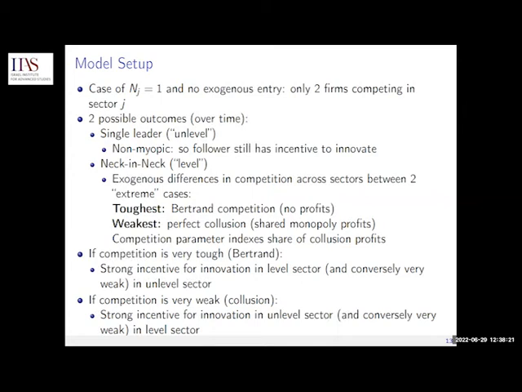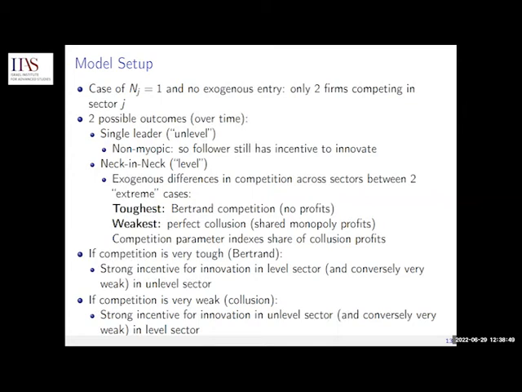So this is in the dynamic version, not the non-myopic version. There's still an incentive for the follower to innovate. And for this paper, the way they were thinking about competition is in these two ways. Okay. So what happens when you have these neck and neck firms?